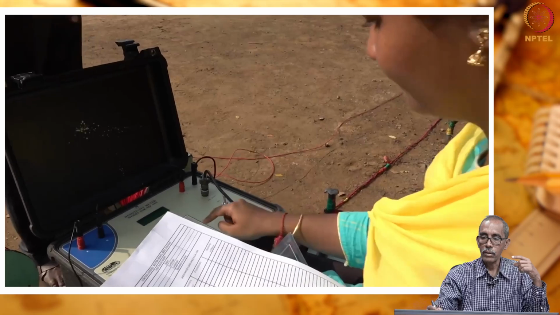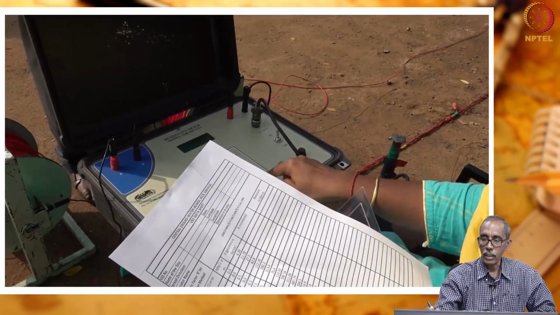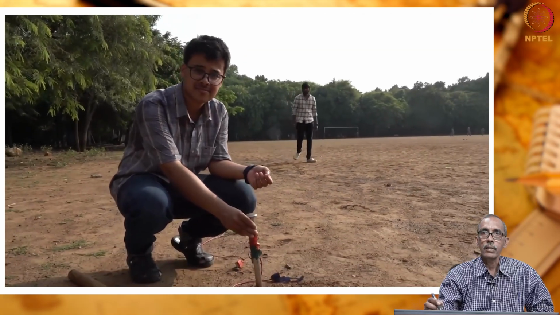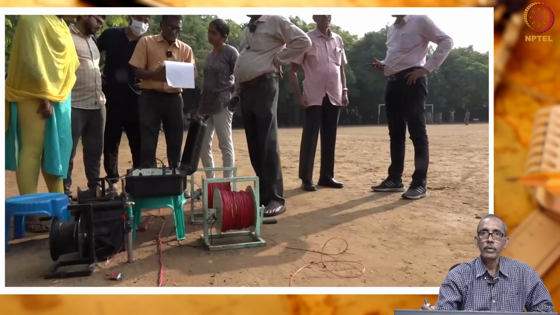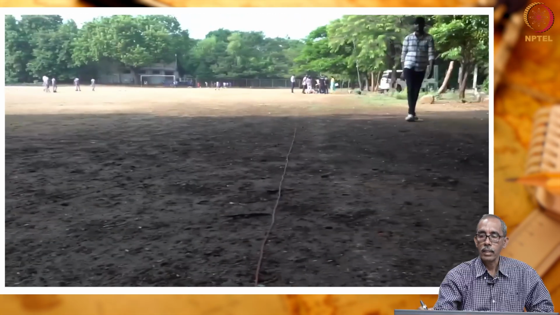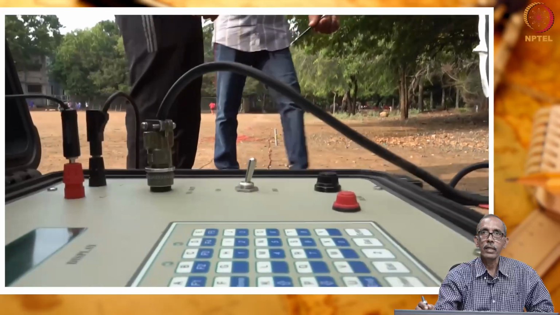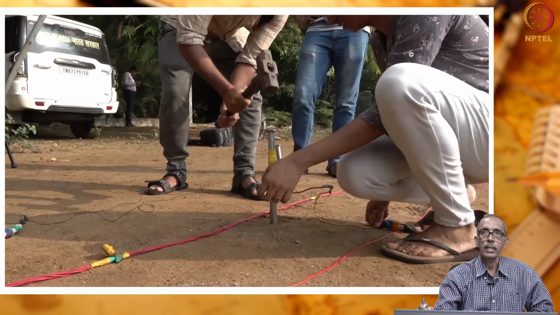As we are moving progressively along a line, we will also be moving the potential electrodes. This is how we have carried out the survey at IIT Madras using the resistivity meter.